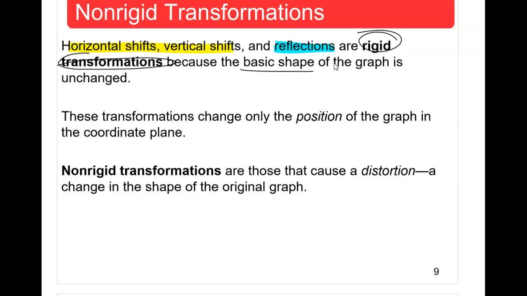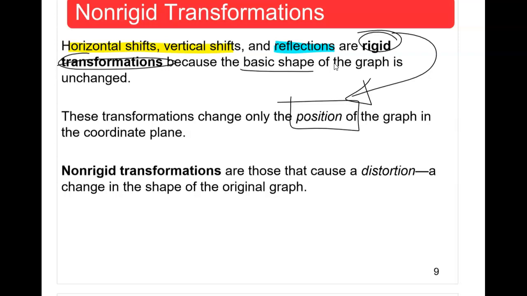It doesn't alter the way it looks. It will still look the same. It will simply be either reflected or shifted. So they only change the position of the graph, not the shape.